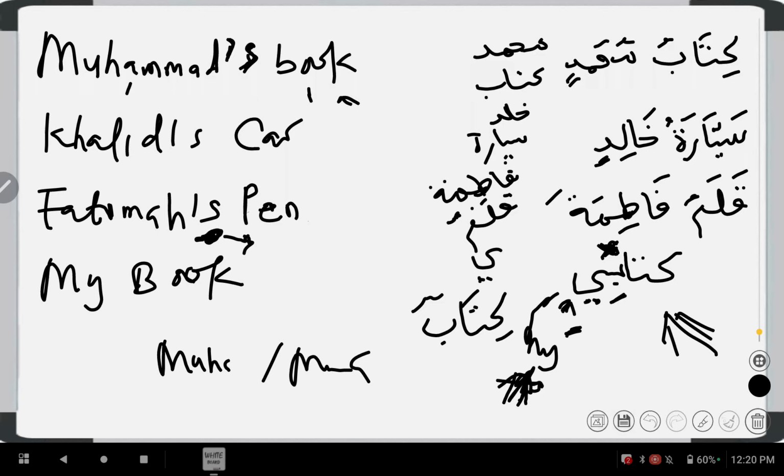If we already understand the first degree meaning, Kitabu Muhammad, Muhammad's book, in English we can turn it around: the book of Muhammad. Khalid's car, the car of Khalid. Fatima's pen, the pen of Fatima. But this is when we firstly understand the basis, which means Kitabu Muhammadin, Muhammad's book.